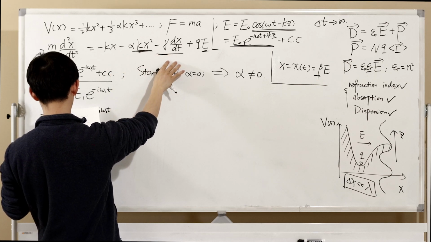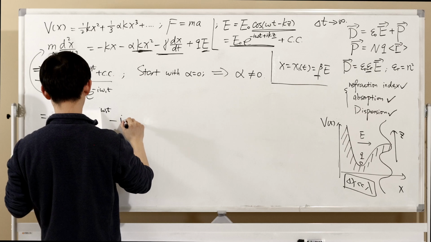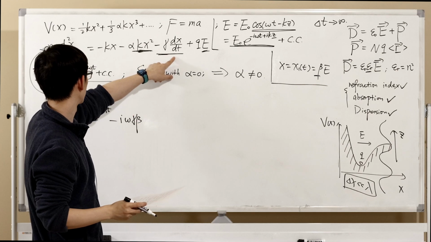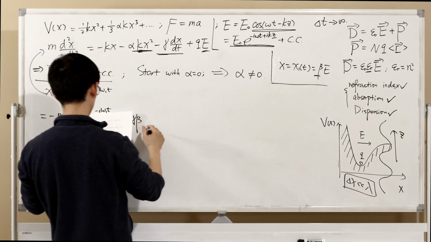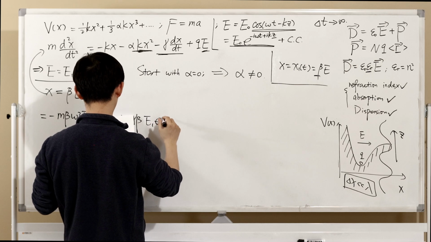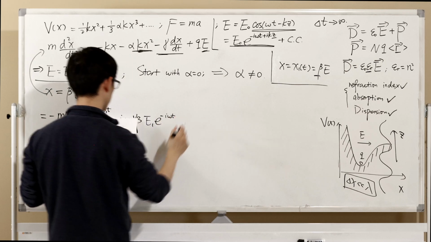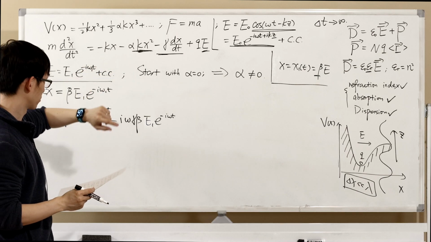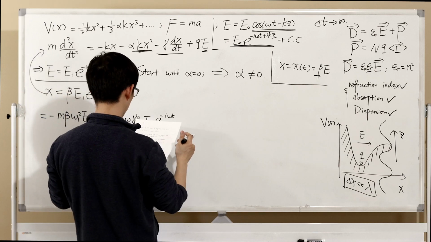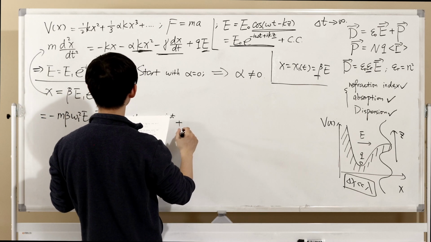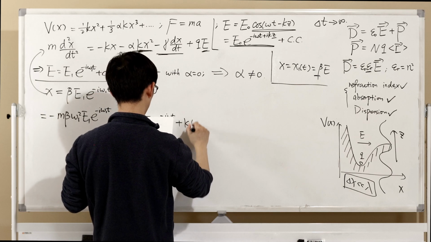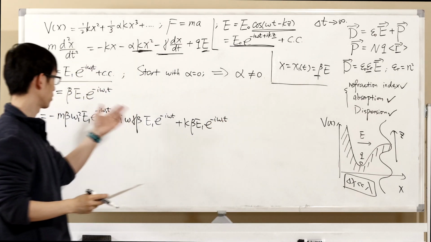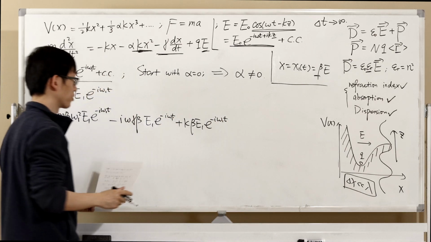This term is minus I omega gamma beta E1 e to the minus I omega t. Omega comes from the derivative of t. And then the harmonic oscillation term, the kx term, would be plus k beta E1 e to the minus I omega 1t. So far it looks almost identical and a little bit boring.